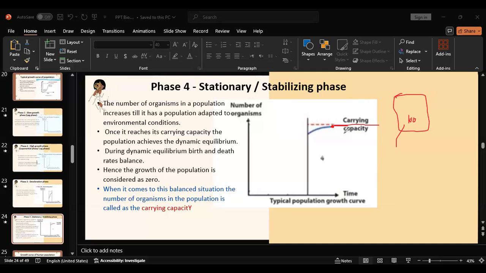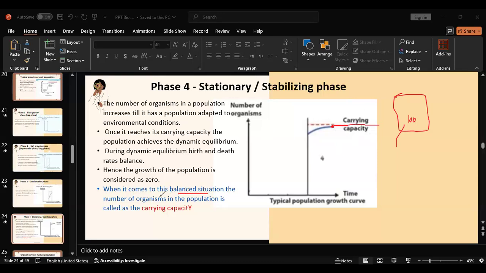So by this, the ecological equilibrium happens, that means the births and the deaths are balanced. So the growth of the population will be zero, and it will be balanced in the particular environment.